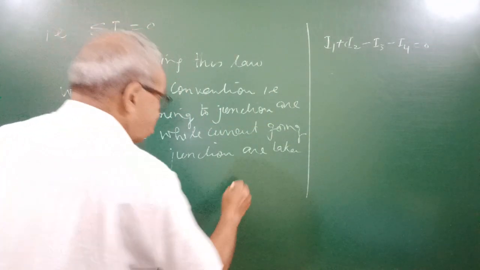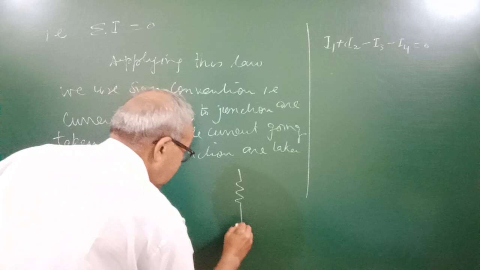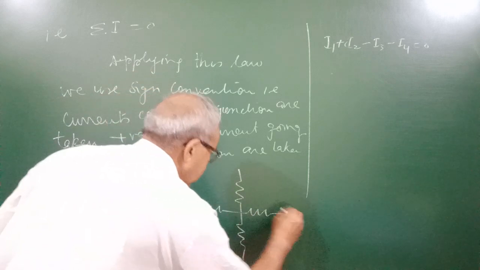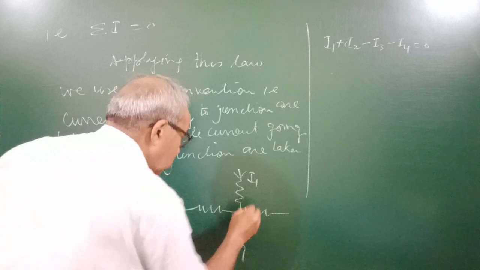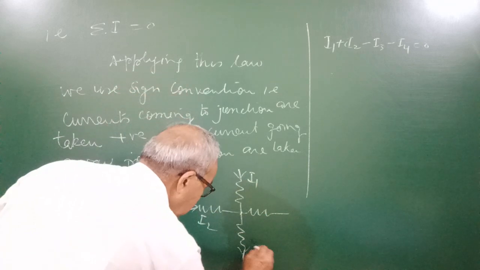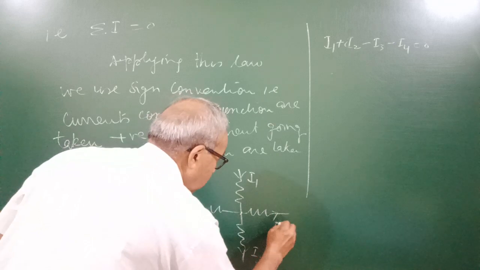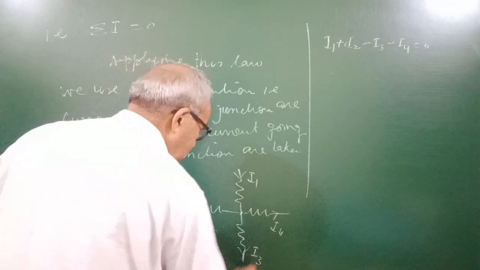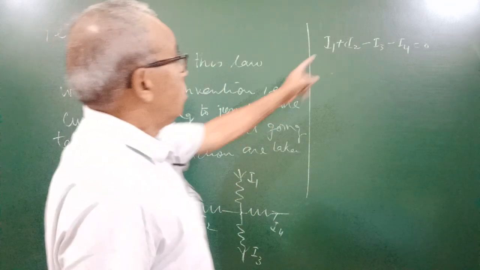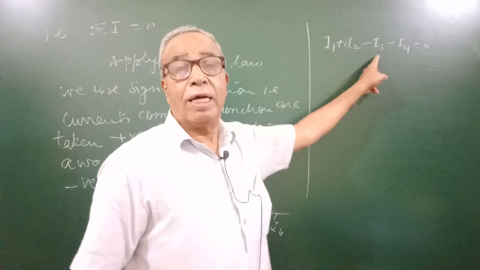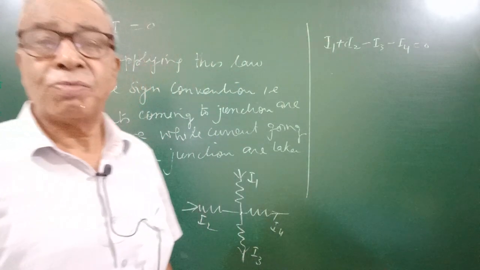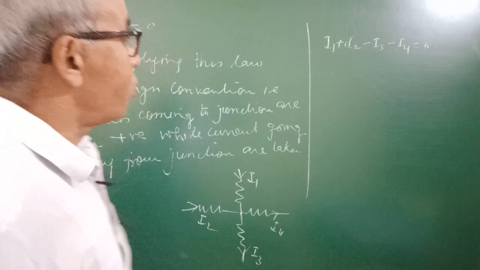Our circuit diagram actually was like this. I am drawing again. This is current I1 coming to junction, this is I2 coming to junction, I3 going away from junction, I4 going away from junction. So I1, I2 positive, I3, I4 negative. So I1 plus I2 minus I3 minus I4 is equal to 0. Is that clear?